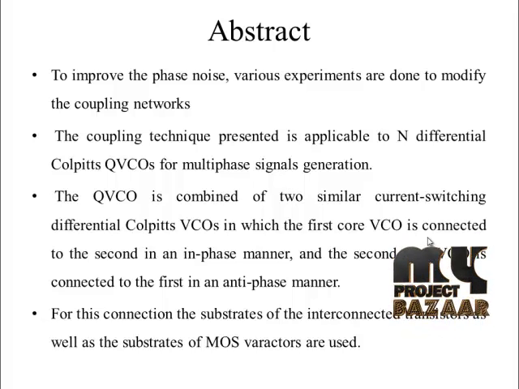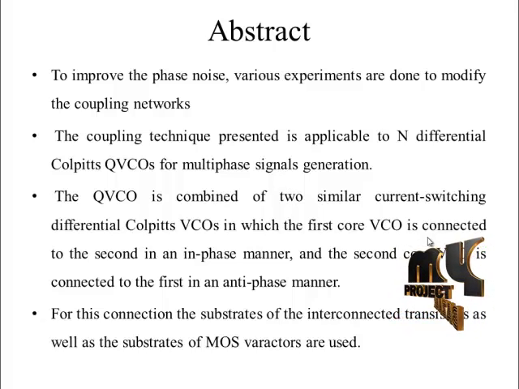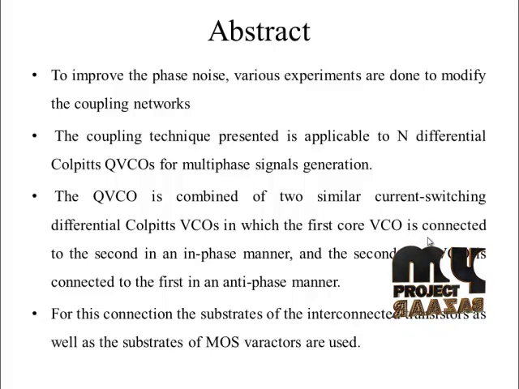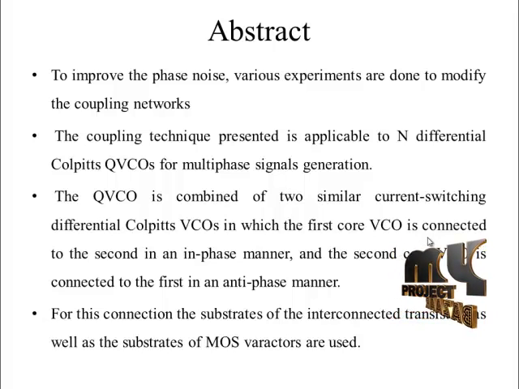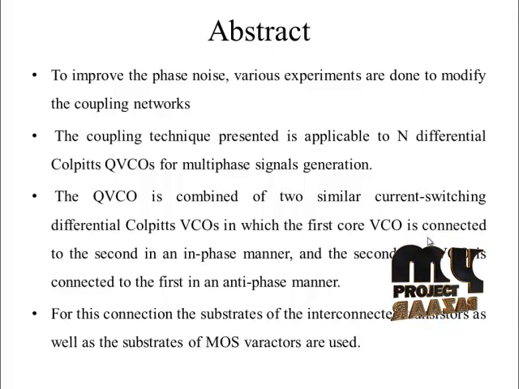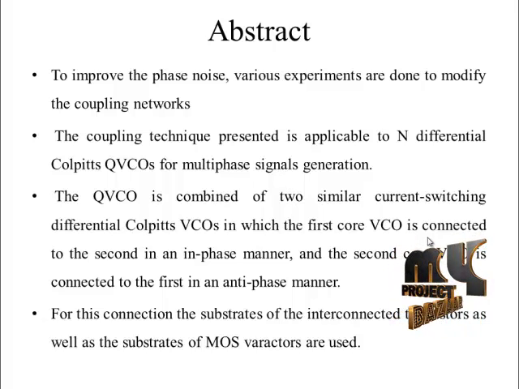The quadrature VCO is combined from two similar current switching differential Colpitts VCOs, in which the first core VCO is connected to the second in an in-phase manner, and the second VCO is connected to the first in an antiphase manner. For this connection, the substrates of the interconnected transistors as well as the substrates of MOS varactors are used here.